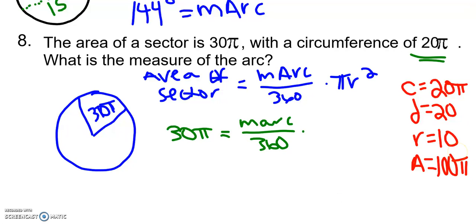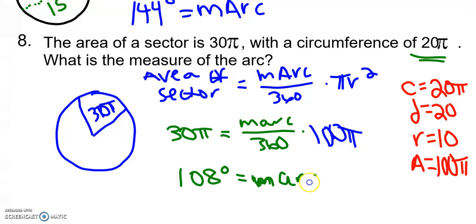Okay, so we can add that into our equation here. So we have 100 pi. Alright, so we have 30 pi equals the measure of our arc over 360 times 100 pi. And we're going to simplify that just like we did before. And when we do that, we will come up with 108 degrees equals the measure of our arc. Okay, and that concludes our 10.9 notes.